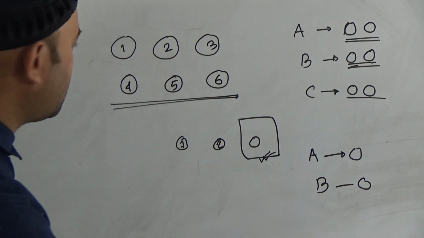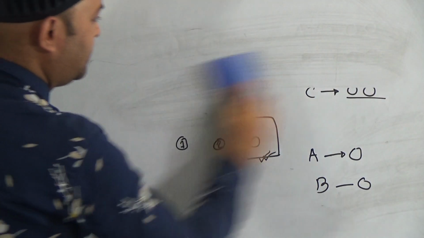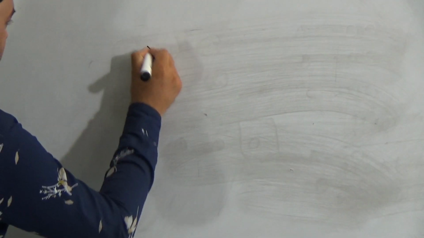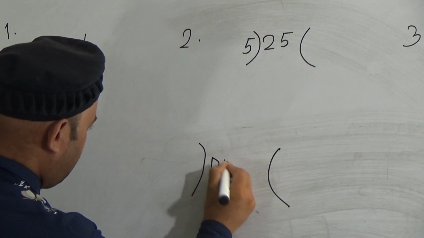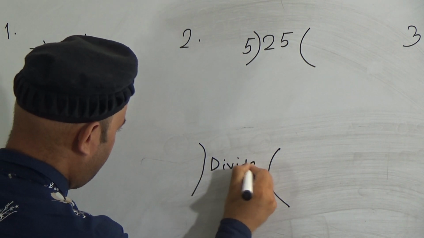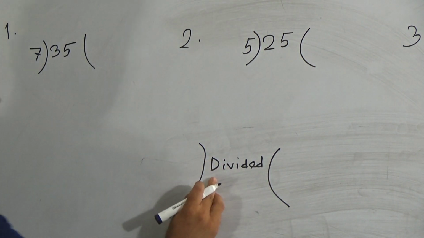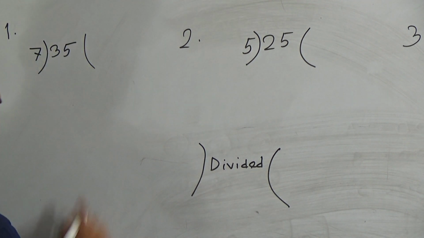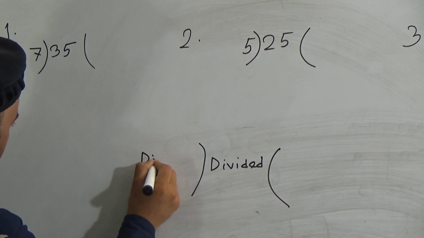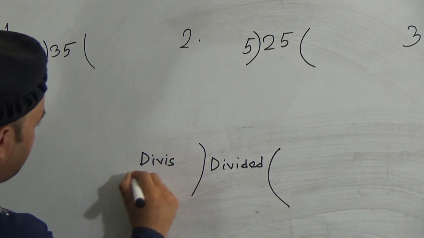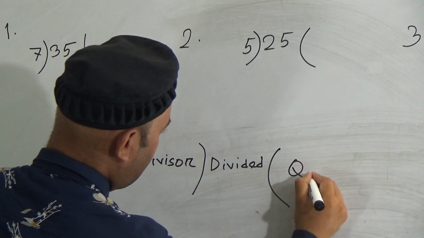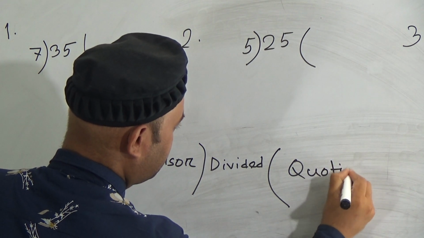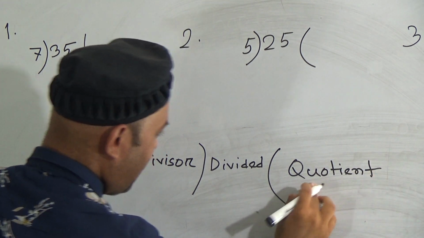Now look, my dear students, this is the division sign. In this place, the number written here is called the dividend, and in this place the number written is called the divisor, and here is the quotient, which is called the answer.